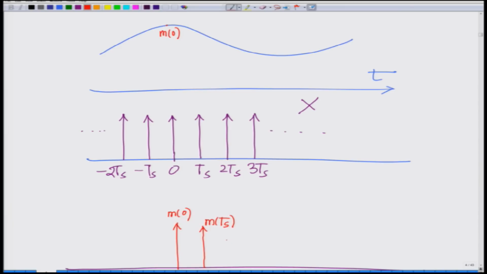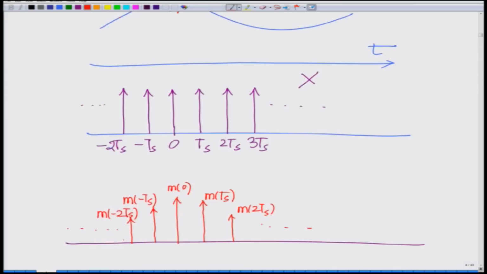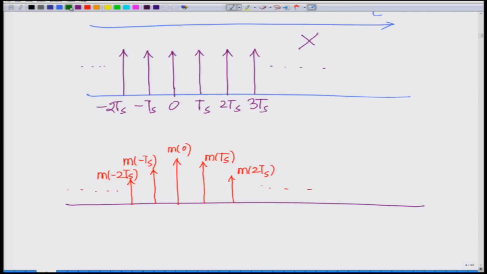At 2 Ts you will pick whatever is the value there, that is m of 2 Ts, and of course, at minus Ts you will pick this value, that is m of minus Ts, and at minus 2 Ts you will pick m of minus 2 Ts. Okay, so this is basically your sampled signal.